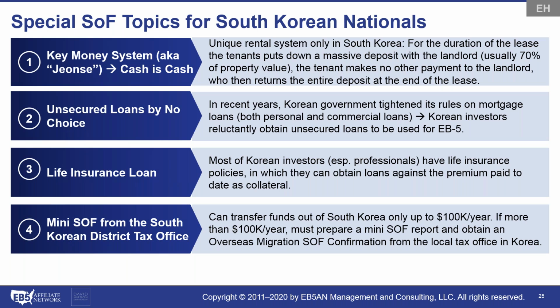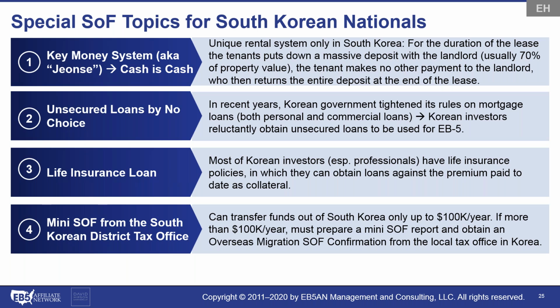Lastly, there's a mini source of funds requirement only for South Koreans. South Koreans can transfer funds out of Korea only up to 100,000 per year. If you want to transfer more than 100,000 per year, then you have to prepare a mini source of funds report and obtain an overseas migration source of fund confirmation from the local tax office in Korea.